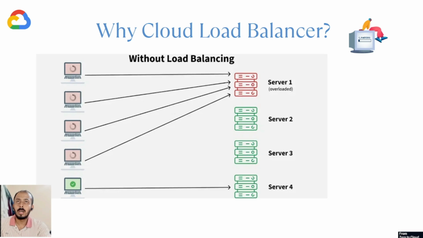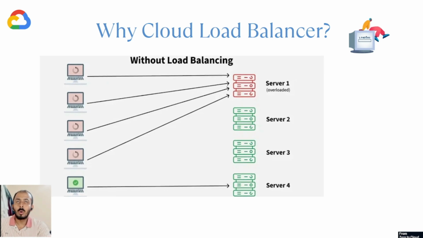So see in this diagram, what happens without load balancing? Here you can see multiple users trying to connect to a server. Without a load balancer, request 1 goes to server 1. Request 2 is also going to server 1. Request 3 is also going to server 1. Request 4 is also going to server 1.